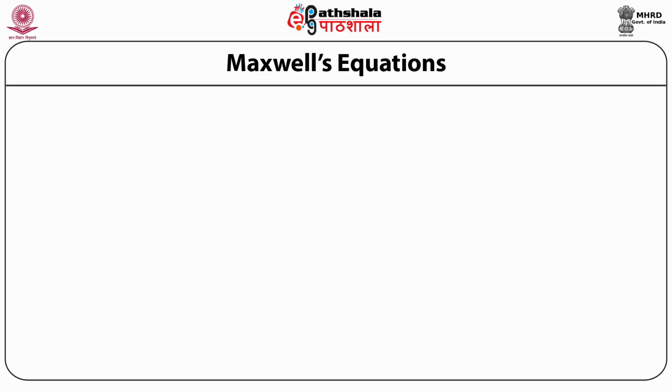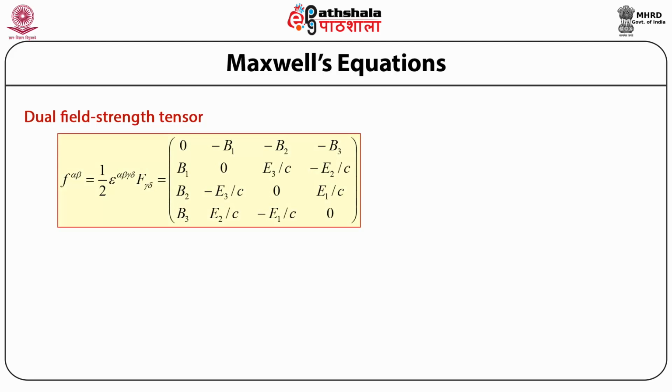Now using this transformation and the field strength tensor, we can define the dual field strength tensor, which is given as small f superscript alpha beta is equal to half times epsilon superscript alpha beta gamma delta times capital F subscript gamma delta, where capital F subscript gamma delta is the field strength tensor and epsilon superscript alpha beta gamma delta is the antisymmetric rank 4 tensor defined above.